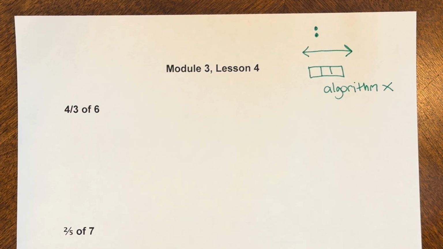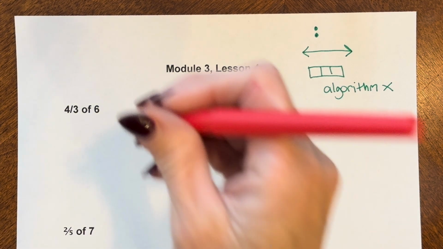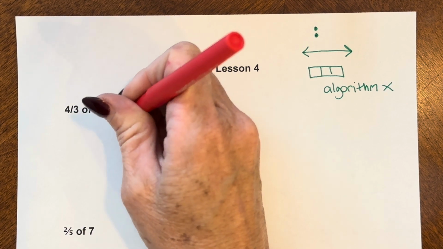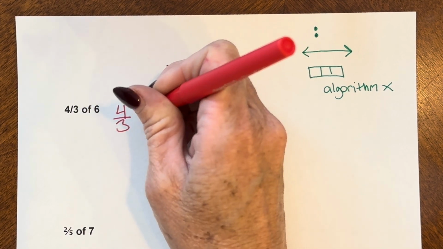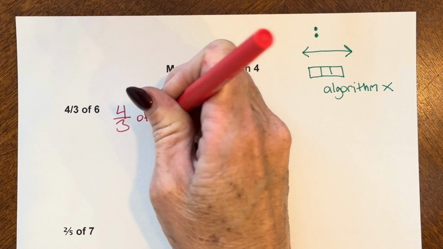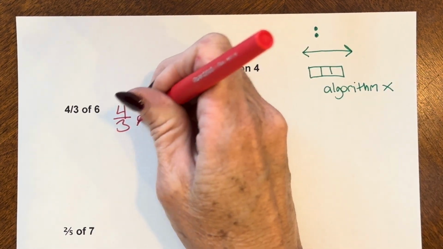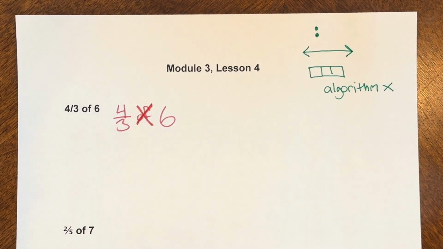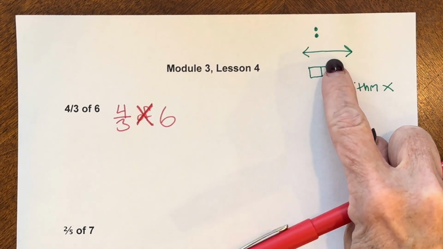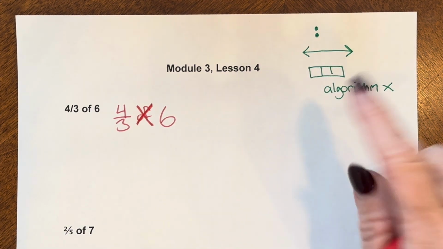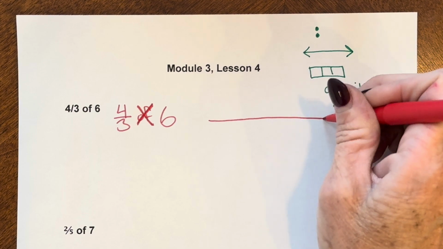So I'm going to start with my first problem today, and my first problem is 4/3 of 6. Now what I want to remember is whenever I see this "of," I know that that means 4/3 times 6. So for this one, it would be really hard to do a number line, because if I did my number line, watch what would happen.